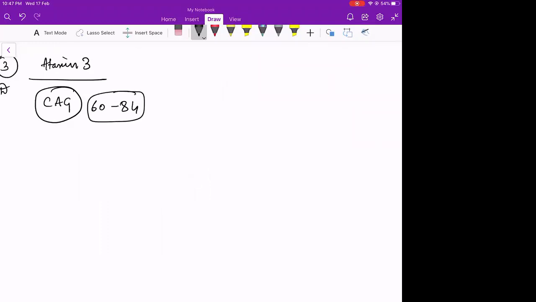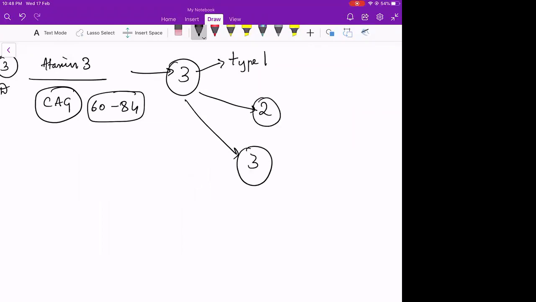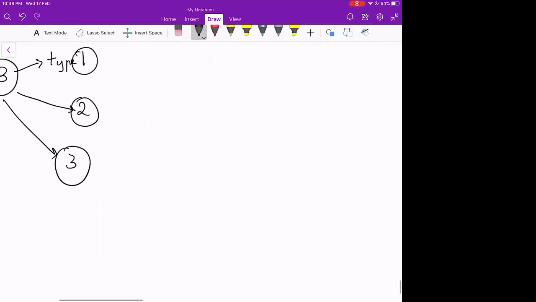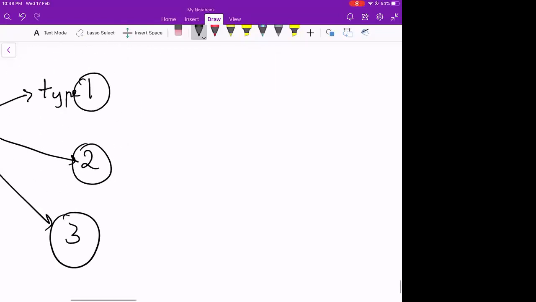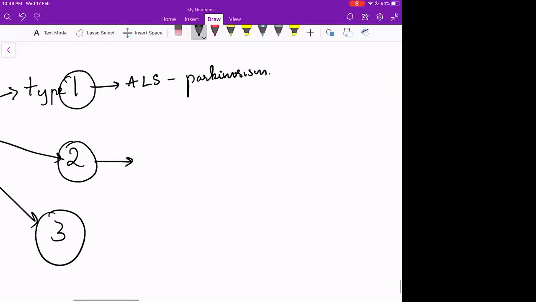The type 3 spinocerebellar ataxia is further classified into 3 types: type 1, 2, and 3. Based on this, the symptoms also will depend on what type it is. In type 1, the patient will have ALS, Parkinsonism type. In type 2, the patient will have ataxia alone.